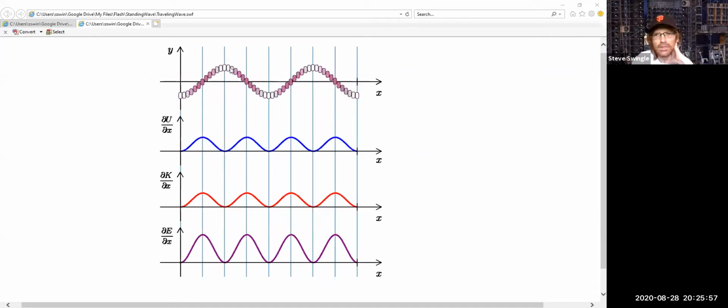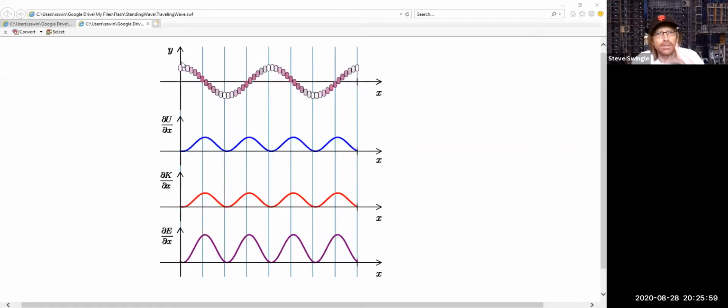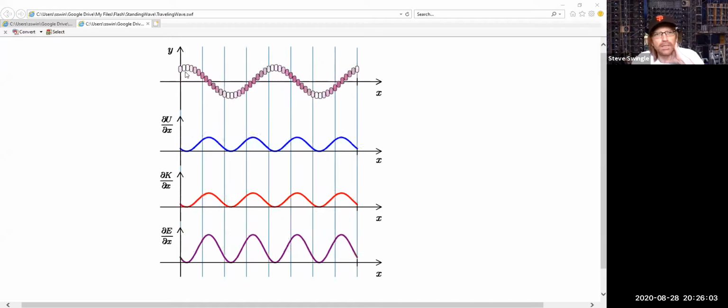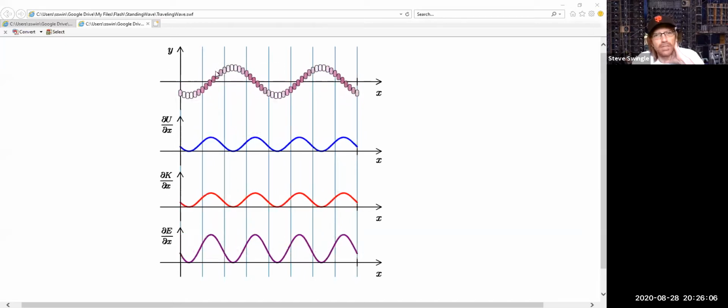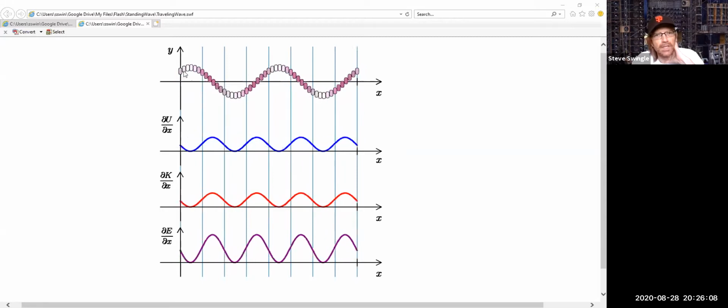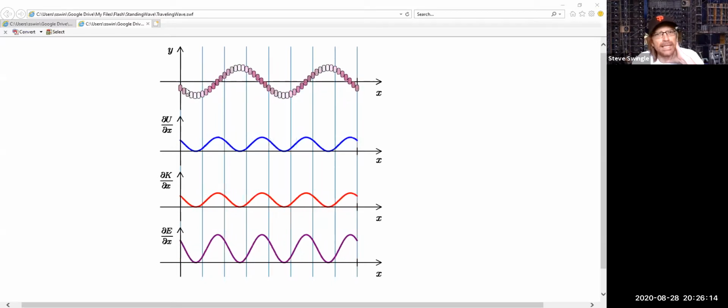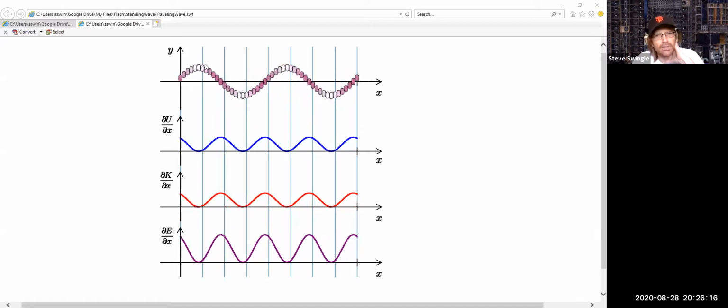What we're seeing here on the top is y as a function of x, the particle displacement. I made it like a string composed of little segments. You can look at each little segment, it just goes up and down. That's what we have with a transverse wave: the displacements are perpendicular to the direction of propagation.